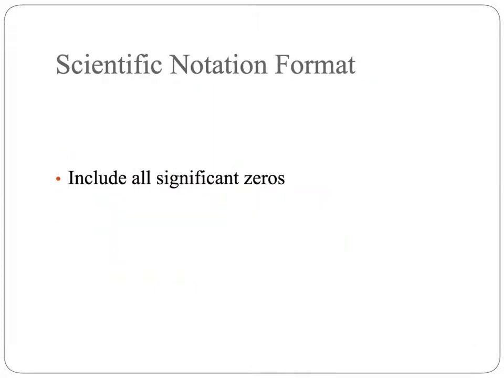Notice that the format is your number, we'll just say x here, in the ones place, then the decimal point, and then however many numbers you need to finish up the number of significant figures, times 10 to whatever power. You include all of your significant zeros in the number, and remember those right end zeros are significant if there was a decimal point, and they are not significant if there was not a decimal point.